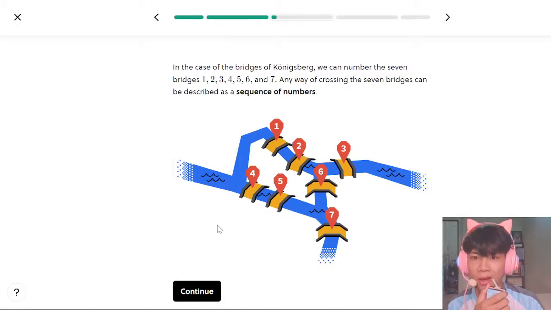In the case of the bridges, we can number the 7 bridges. Any way of crossing the 7 bridges can be described as a sequence of numbers.